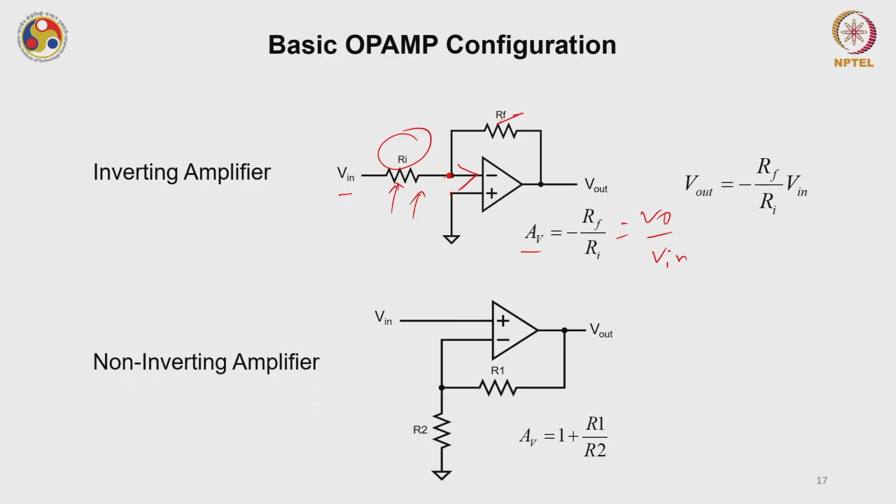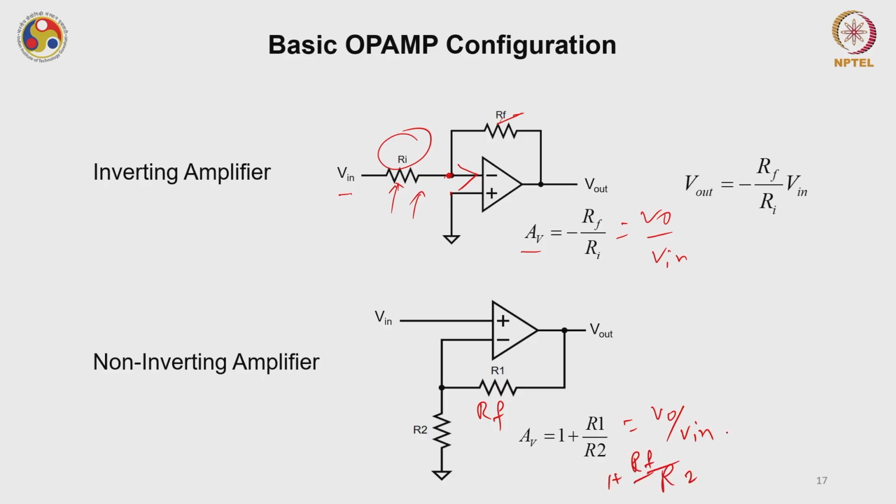Similarly, there is a non-inverting amplifier, where the op amp is configured in the non-inverting configuration. The gain of this configuration can be written as AV equal to 1 plus R1 by R2, or if it is RF, the feedback resistance, 1 plus RF by R2.